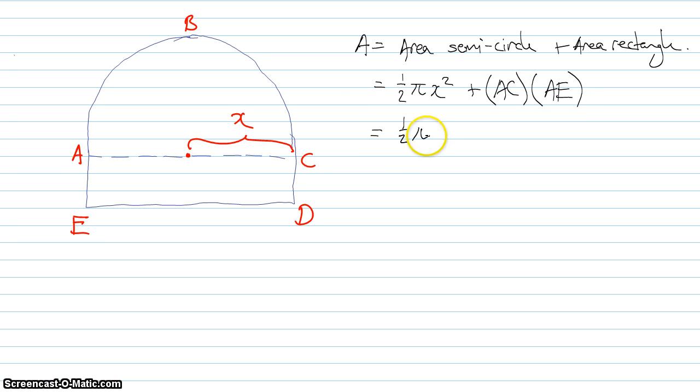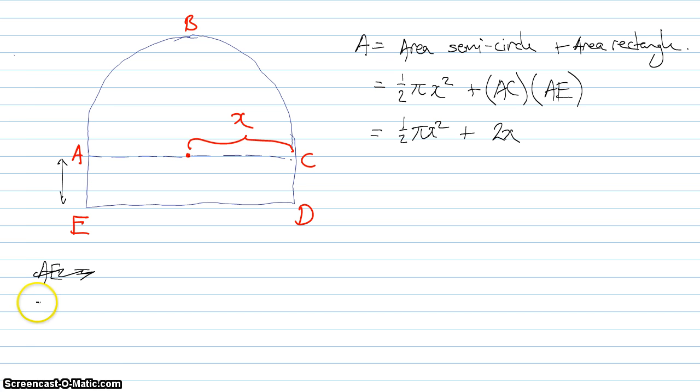So this is still a half pi x squared plus. What's AC? Well, if from here to here is x, then from here to here must be 2x. What about AE? How do we calculate this length in here? Well, we have to actually go through and look at each part. So what is AE going to be equal to?